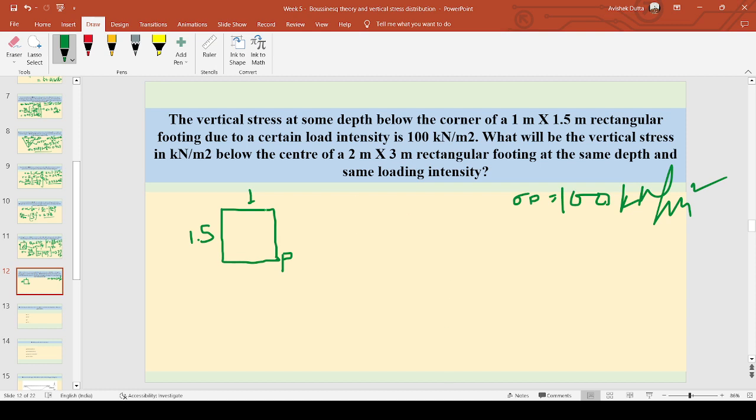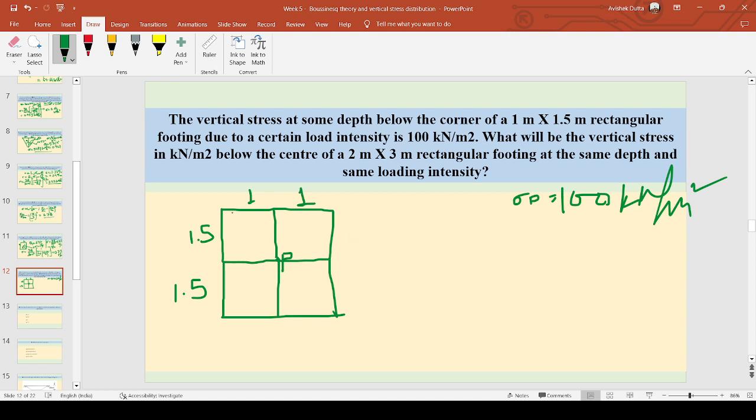So if we extend this area, placing another 1 here and another 1.5 here, and make it a full rectangle, then we obtain the 2 by 3 meter rectangular footing.